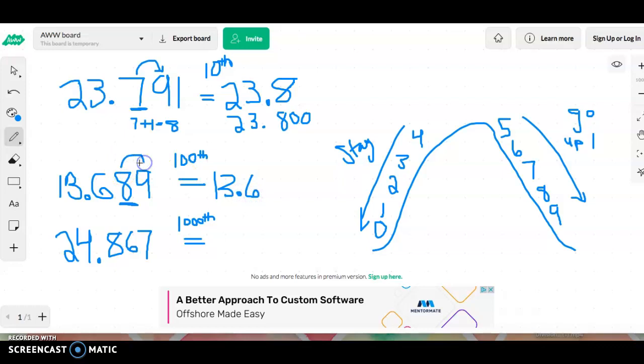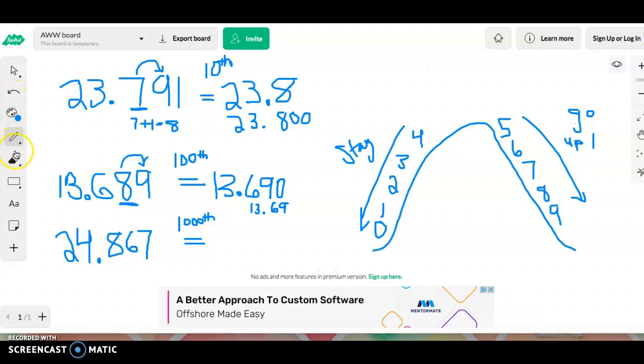My 8 is going to look to my 9. Now, if I have 89 and I add 1, 89 plus 1 is 90. And I could write it like this, or I could write it like this. So my number is 13 and 69 hundredths.